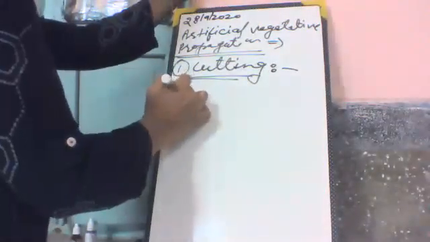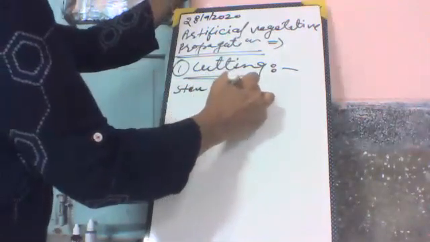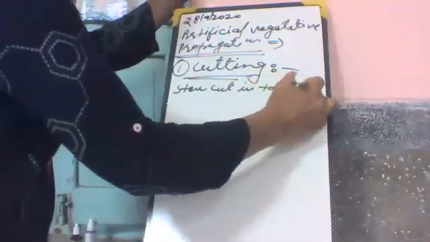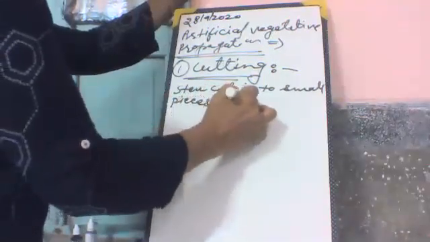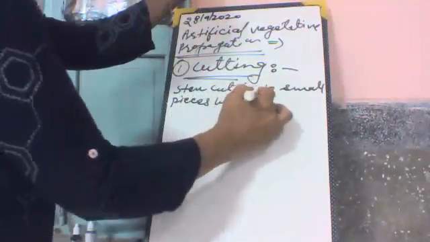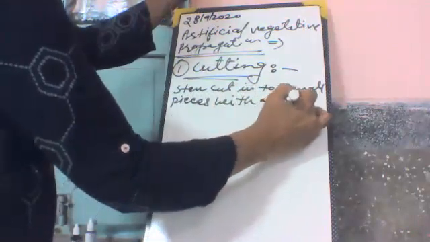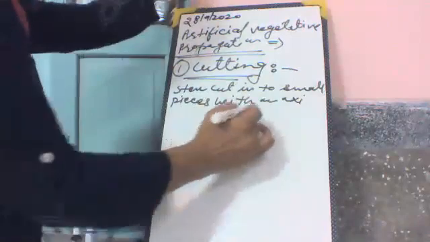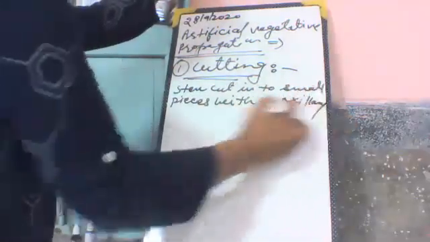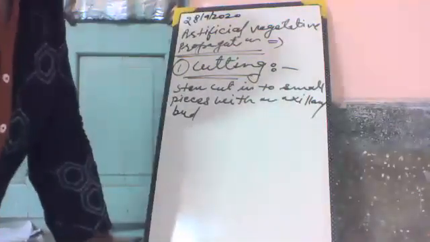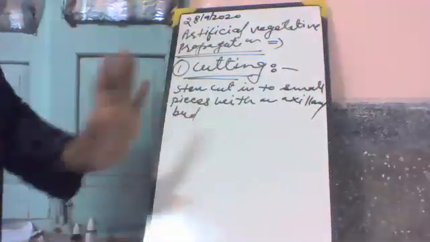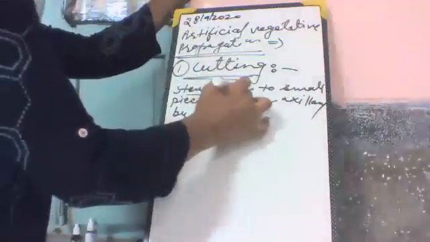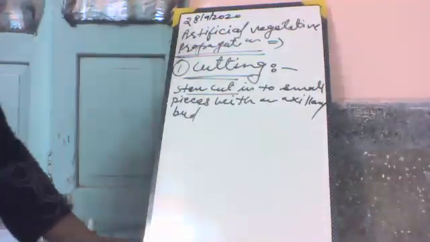The stem is cut into small pieces, each having a bud, and the cut ends are planted in moist soil.